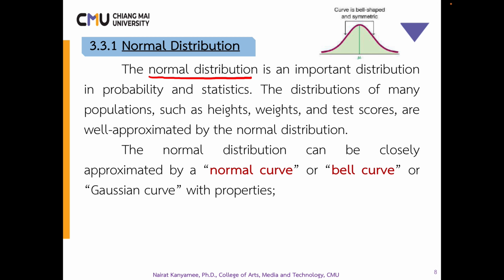It is a distribution of many populations, for example height, weight, test scores, which are well approximated by the normal distribution.